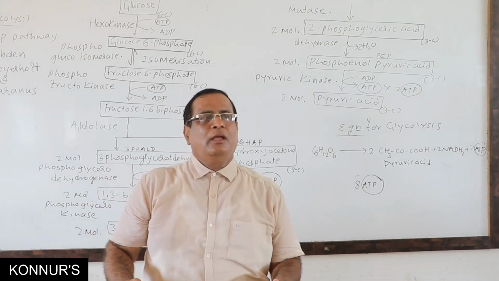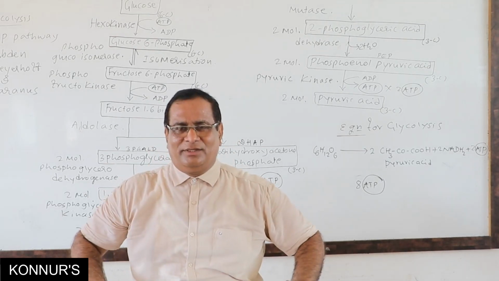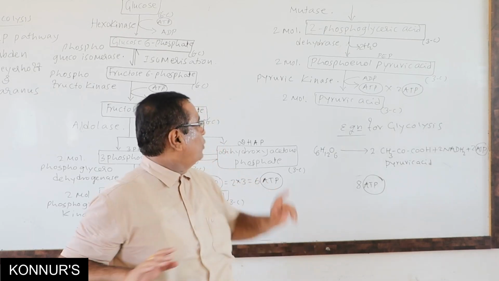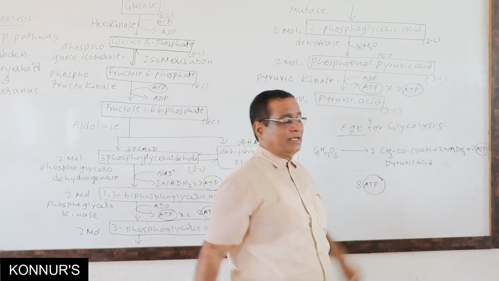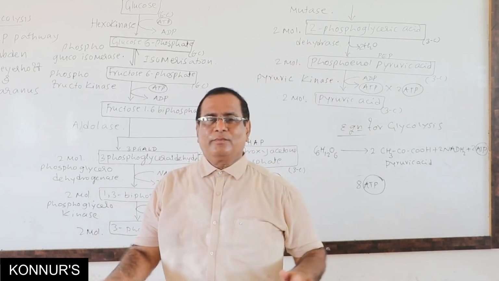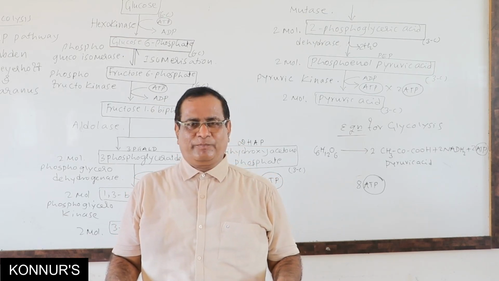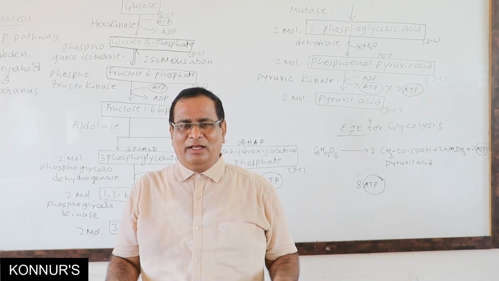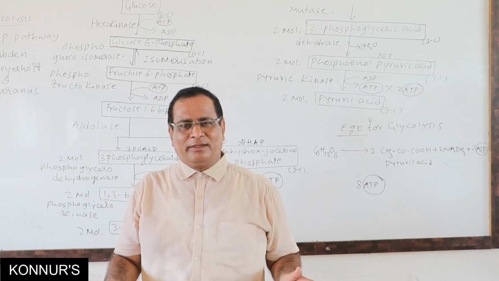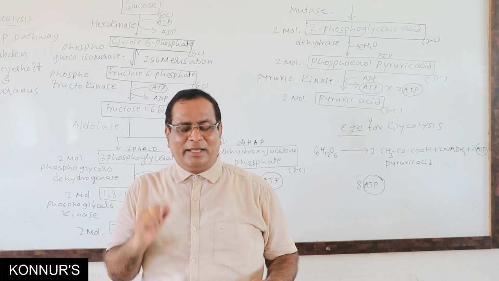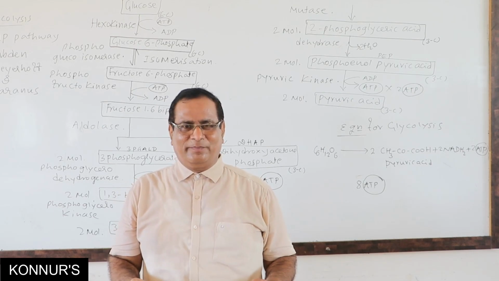Okay? Once in NEET, the question was asked: 2-phosphoglyceric acid has how many carbons? If you use logic, we know that if just one phosphate is there, it is on the last carbon.